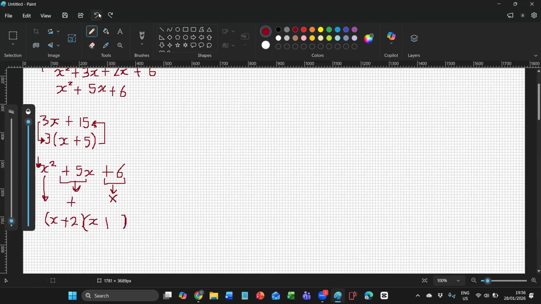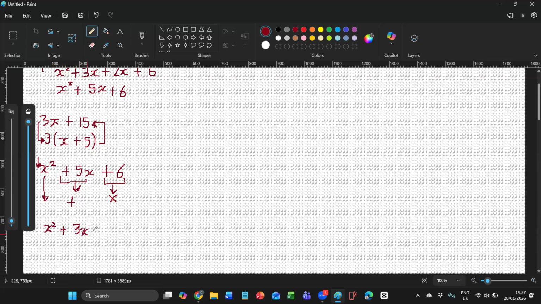If you want to put in all the steps, look at what you do. You are going to say x squared. You replace that middle guy with the two numbers that you discovered. So you are going to replace 5x. And 5x is obtained by saying 3x plus 2x, isn't it?